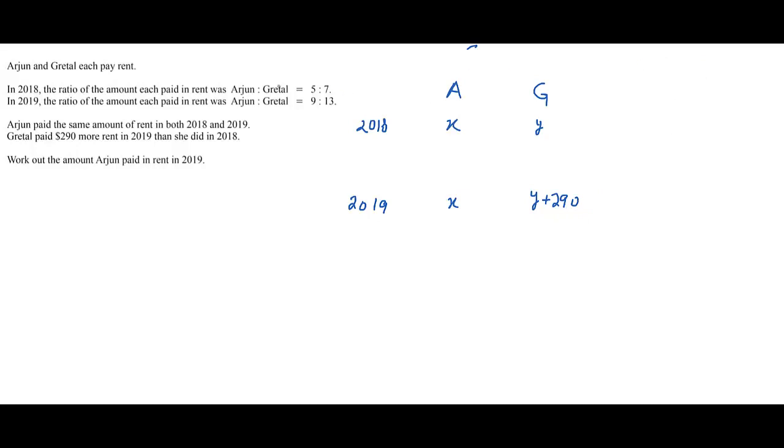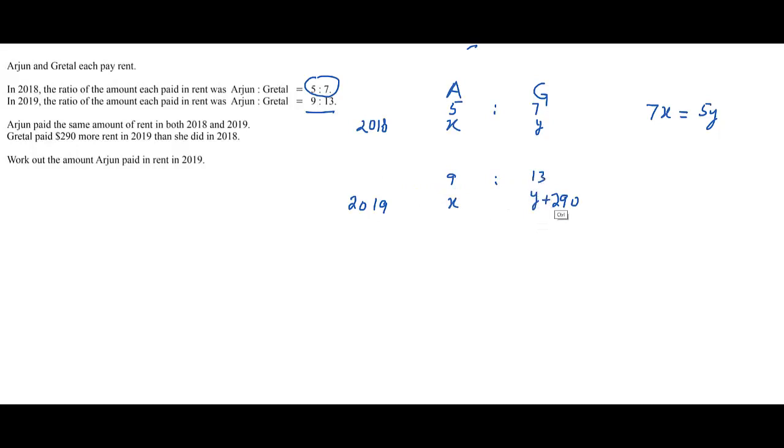Okay, the ratio of 2018 is 5:7. So by cross multiplication here, it is 7x equals 5y, and in 2019 the ratio is 9:13.